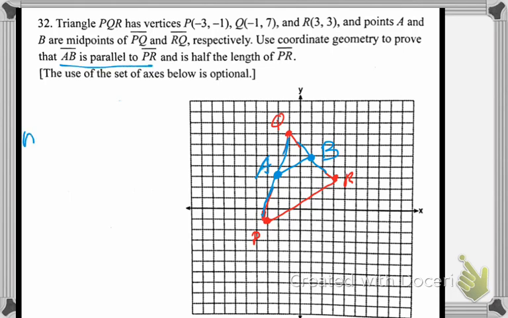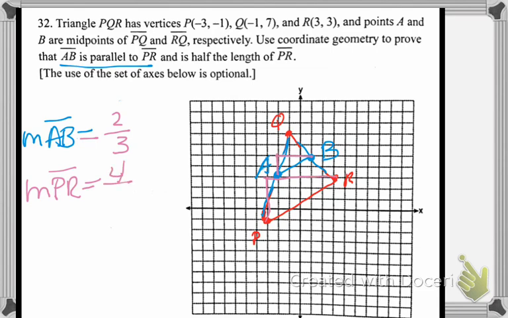So the slope of AB, I'm just going to count up and over, so I'm going to count, let me get another color so you can see better. So I'm going to count up 2 and over 3. So the slope is 2 over 3. Then we do the slope of PR, and so I'm going to count up 1, 2, 3, 4, and then 1, 2, 3, 4, 5, 6.